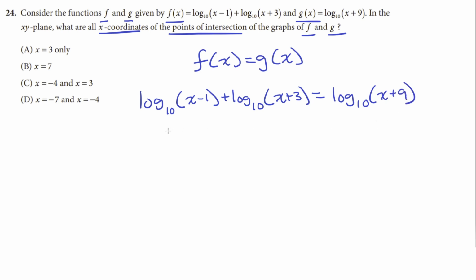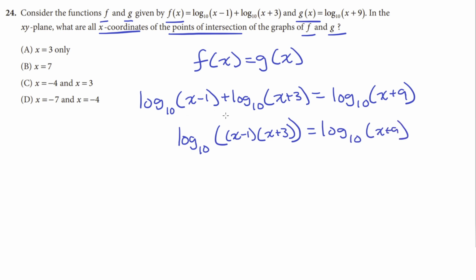Now we see that we have this addition on the left-hand side, and using log rules, we can simplify this to multiplication. So log base 10 of (x minus 1) times (x plus 3) is equal to log base 10 of (x plus 9).